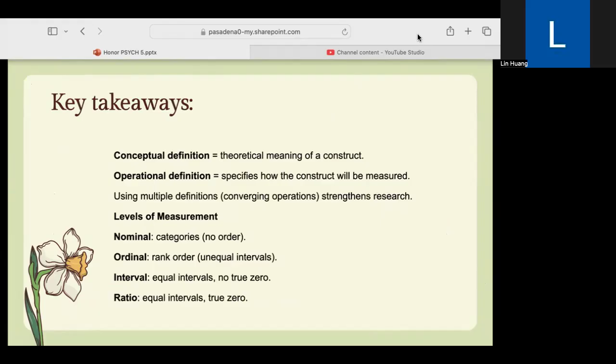And next, four levels of measurement. One is nominal. It is measuring categories, and there's no order among them.